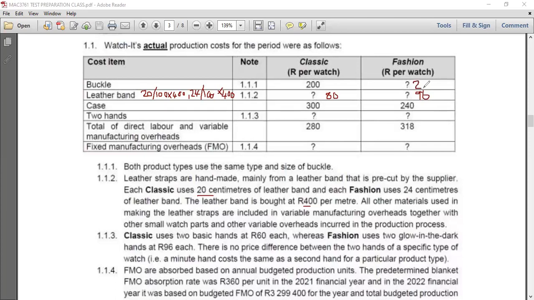And this one is 200. The two ends, we know that they are 60 each. So you can say 60 times 2, then 96 times 2, which is 120. And the other one is 192.